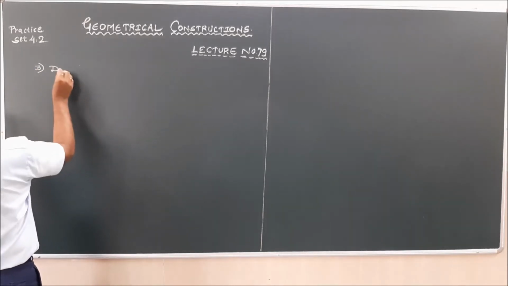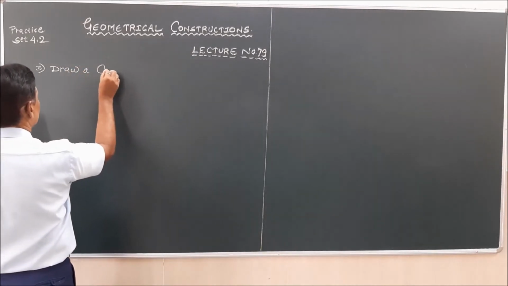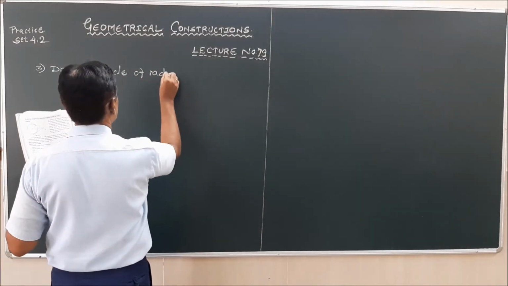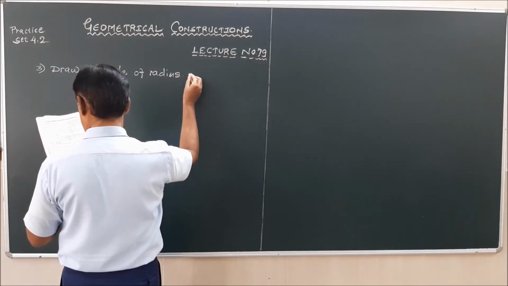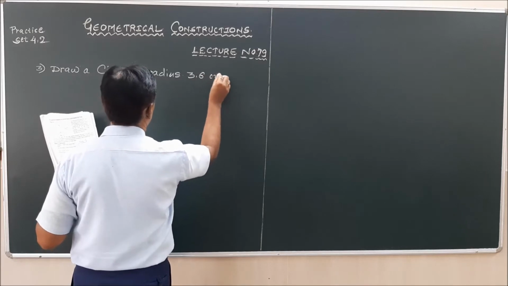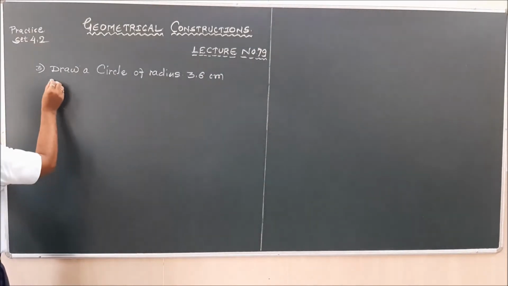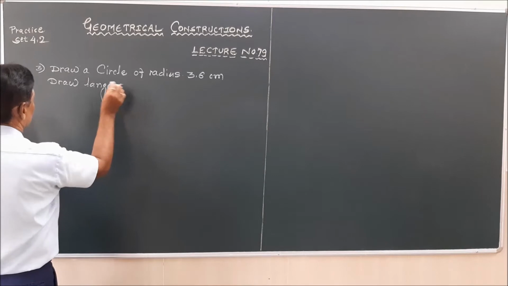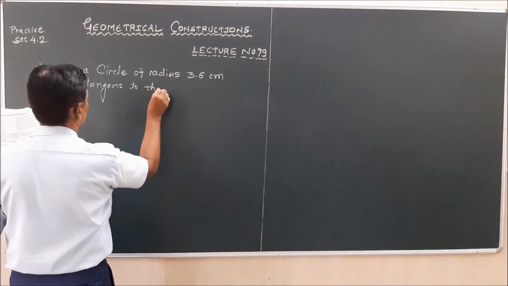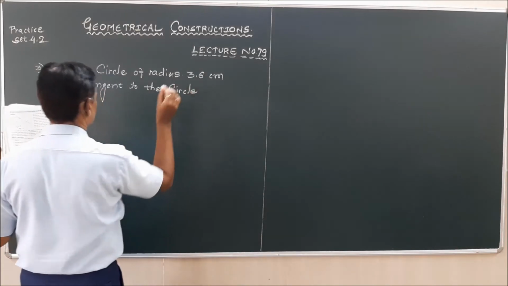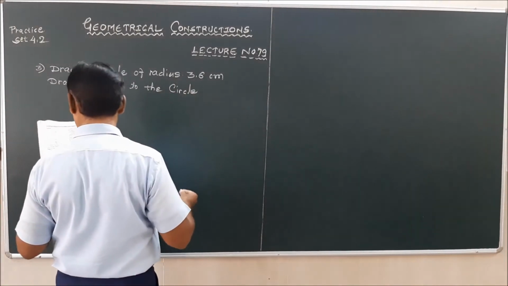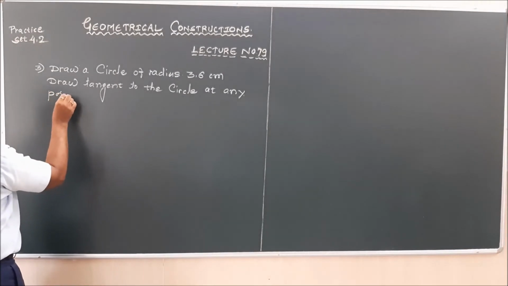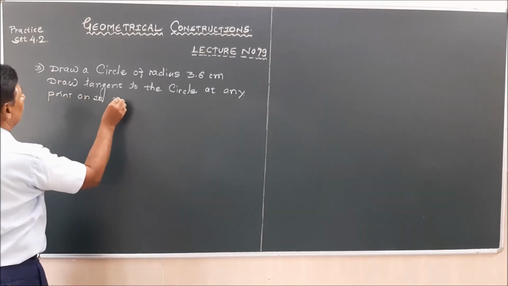Draw a circle of radius 3.6 centimeter. Draw a tangent to the circle at any point on it, without using the center.